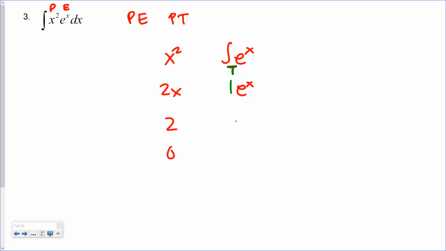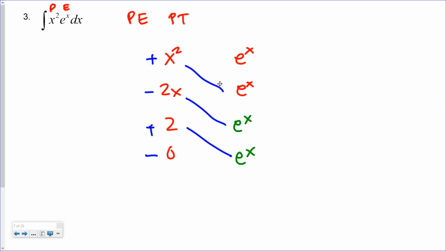And then I take the integral again, which is e to the x. I take the integral again, which is e to the x. All right? So on the left side, I take the derivative. On the right side, I take the antiderivative. Then you put down alternating signs, start with plus. So plus, minus, plus, go diagonal here, and then that is your answer.